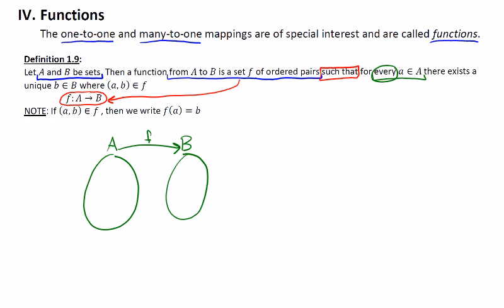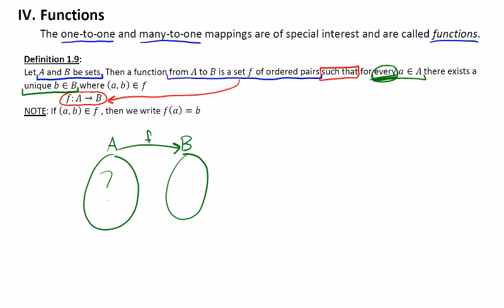It says that you have to use every single A. So whatever ends up going right here for set A, you have to use every single element that is there. When you use each one of those elements, it says that there has to exist a unique element from set B.